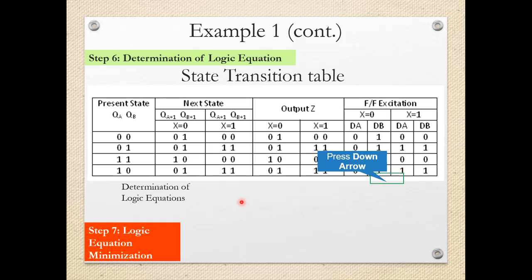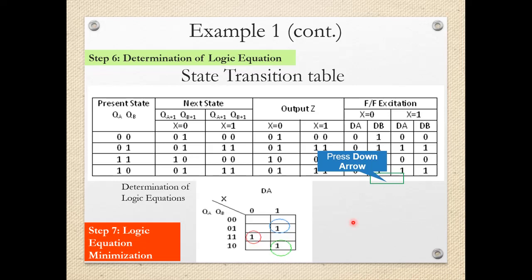Now once this state transition table is prepared, the next step is to have the K-maps. So we will be preparing the K-map for the two flip-flops, two cases. This is the first K-map for flip-flop A, because we will require two flip-flops over here.